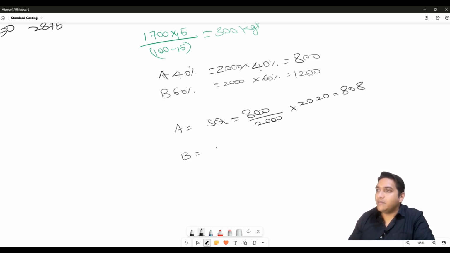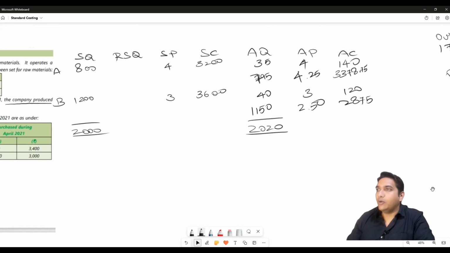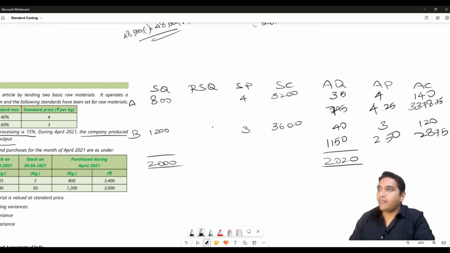And for B similarly we have 1200 divided by 2000 into 2020, which is 1212. So this becomes my revised standard quantity, 808, 1212, and total of this is 2020, right?